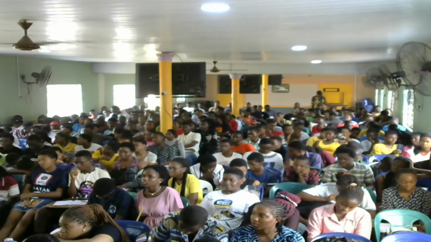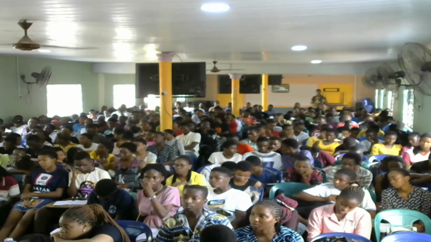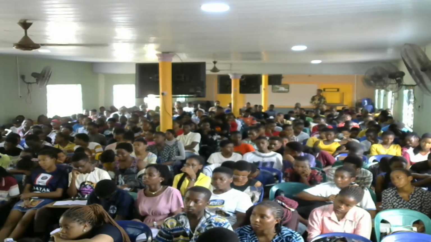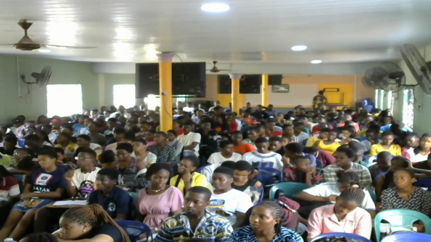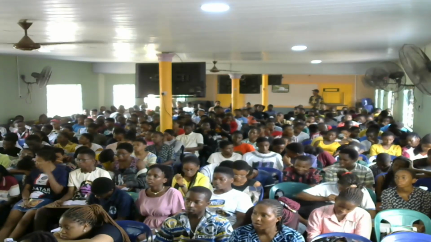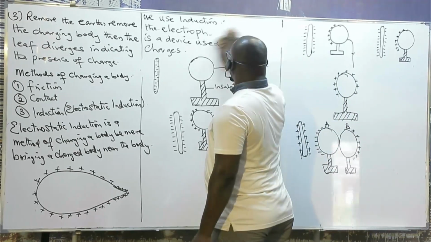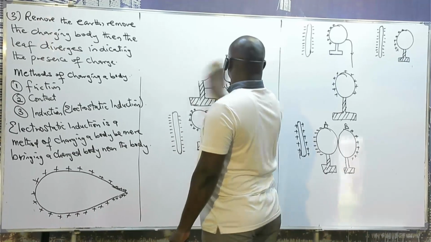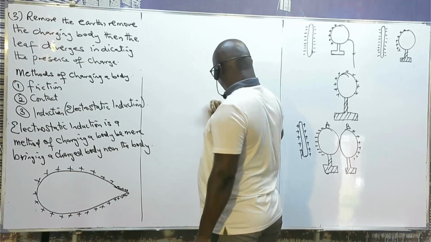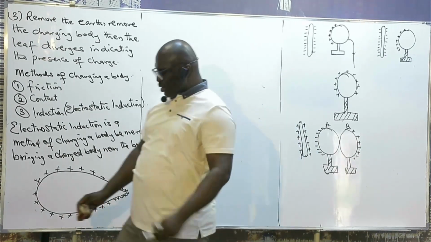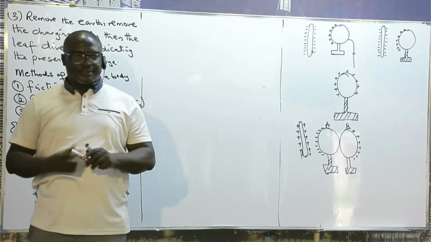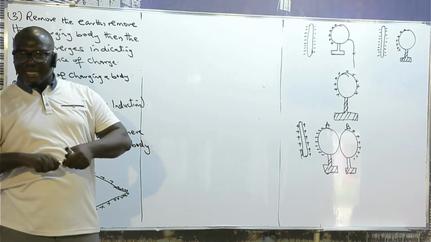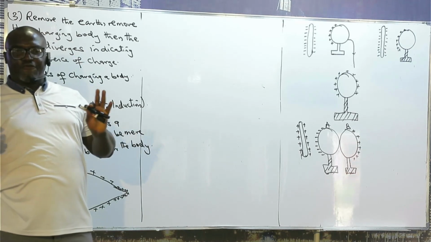The band theory is not in any O-level book. In band theory, every material has 3 parts. We have the conduction band, we have the valence band, and we have the forbidden gap.